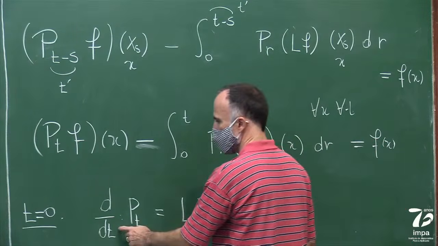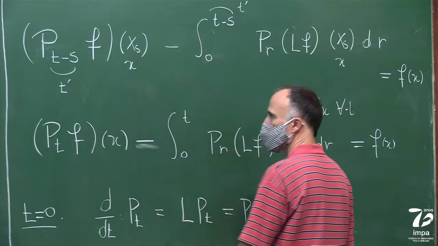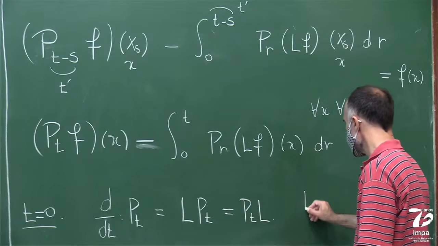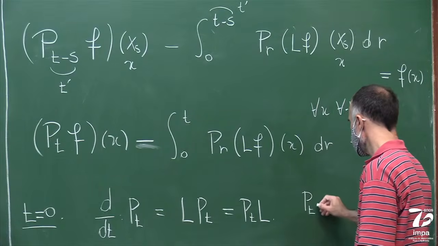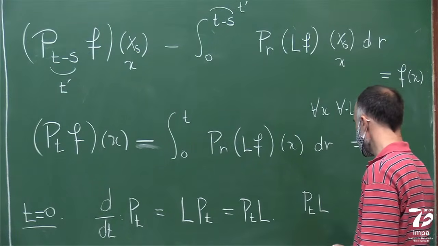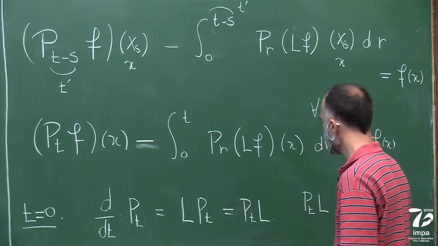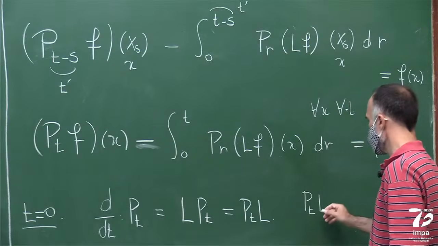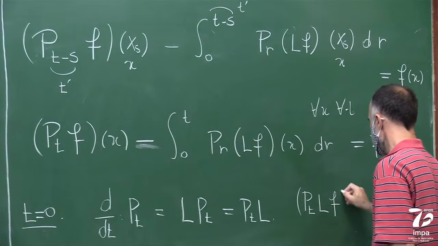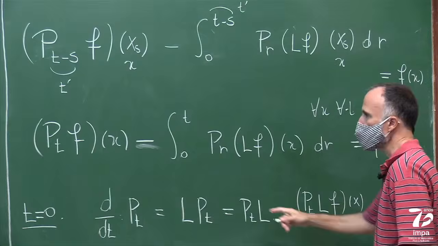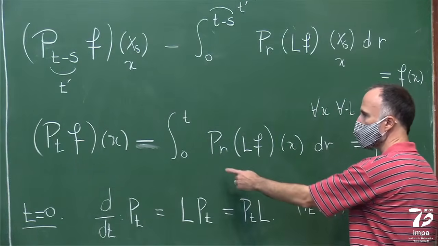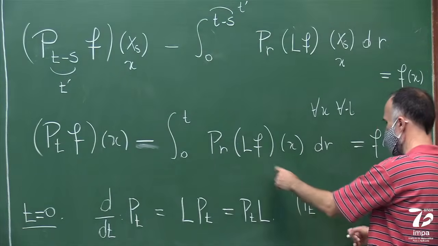So if I take the time derivative of P_t, I will get that the first term is P_tL of f at x. This is the derivative of the first term, and if I take the derivative in t of the second term, what I get is also P_tLf.